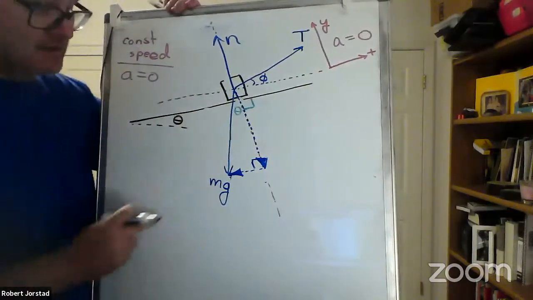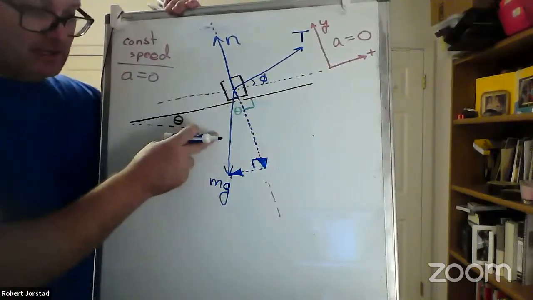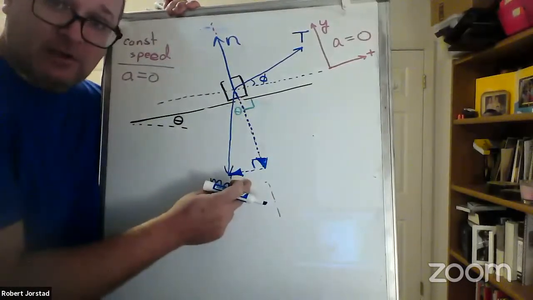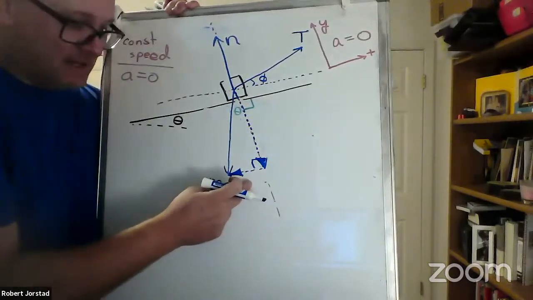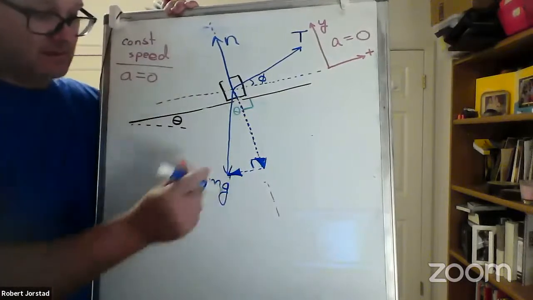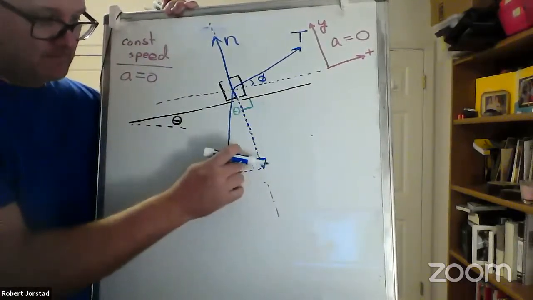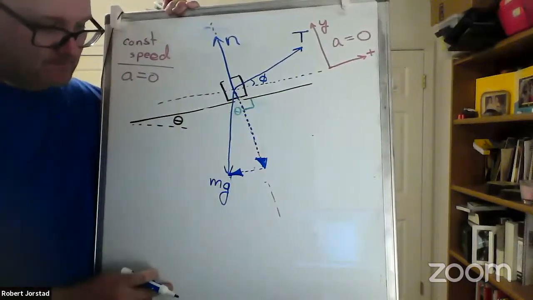In this case, the size of this is mg. So what's this component going to be? Is it mg sine or is it mg cosine of theta? This side right here. mg sine, good.